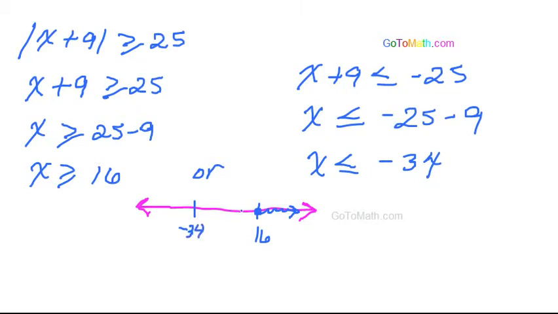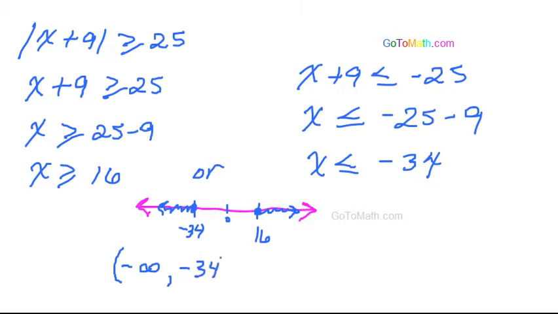How's that? And then 0 is somewhere in here. And then of course we include it and everything going off in that direction. So this makes it a whole lot easier when we go ahead and draw up our number line. So we got going from negative infinity to negative 34.